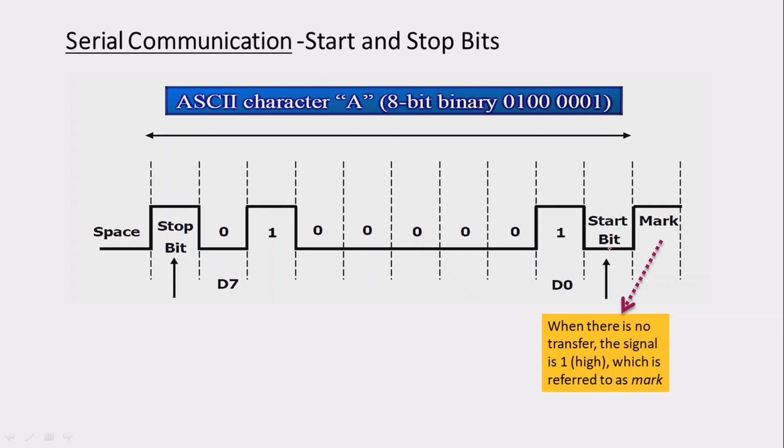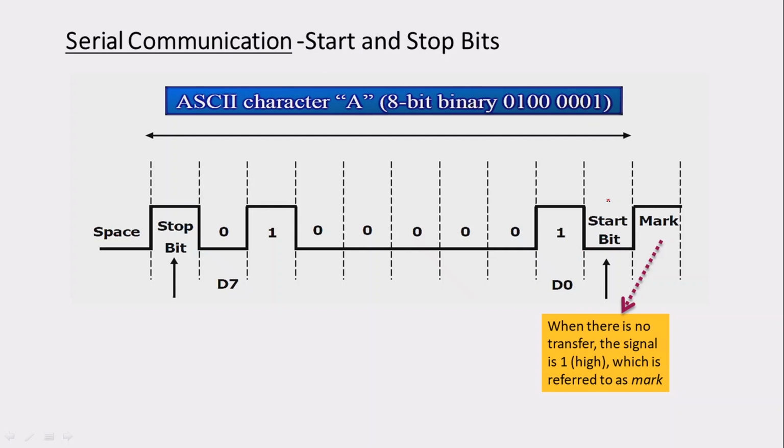Once it receives logic 0, as we said, the start bit should always be logic 0. Once logic 0 has been received for one bit, it will consider that the data is being received. I should get this data from the next clock cycle onwards. Whatever values I get, I will take as data.